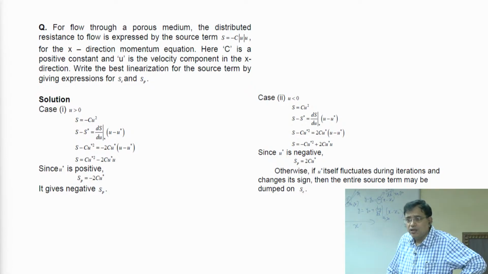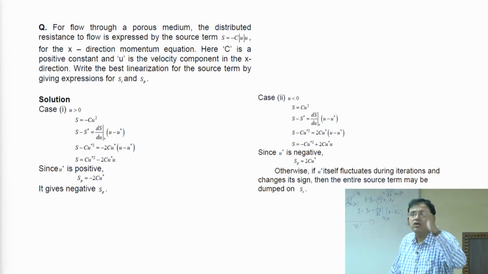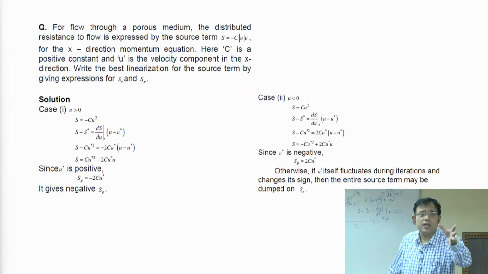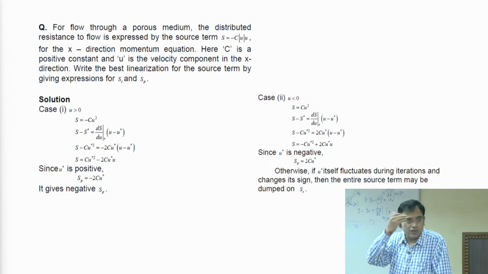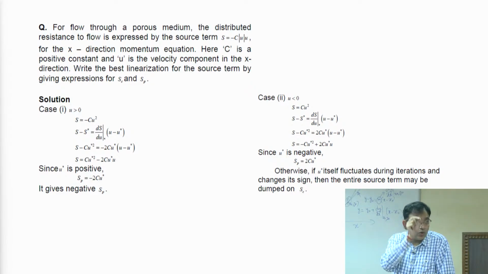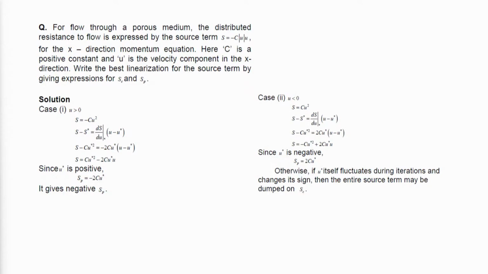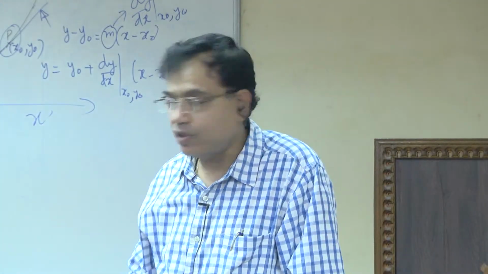You can put that linear variation as 0 if it is giving Sp as positive and dump everything on the constant. You may argue that you have a variable, how can you dump it as a constant? In an iterative method, at every iteration when you put that value, a variable becomes a constant. So, you can use an iterative method and put that value at that particular iteration, whatever it is, everything dumped onto Sc and not on Sp.